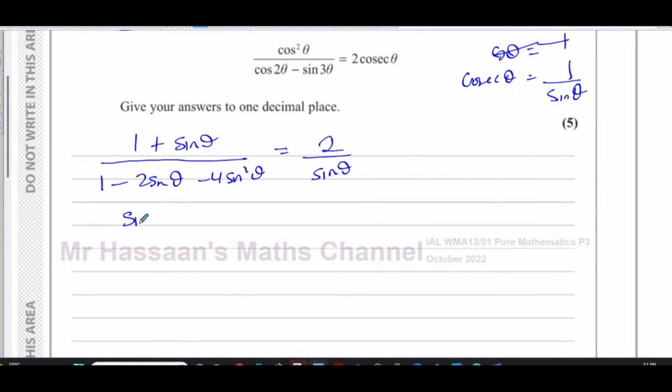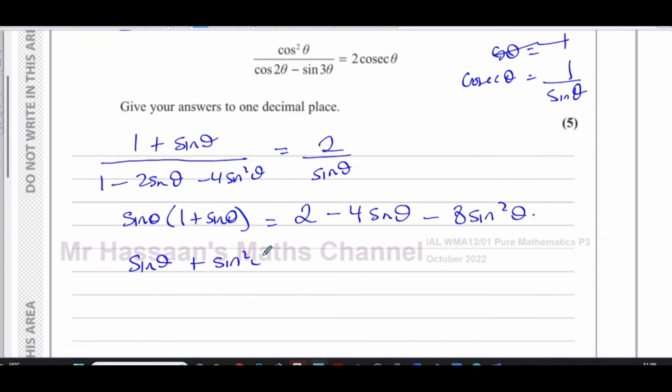So I have sine theta times 1 plus sine theta equals 2 times all of this. So I'll just expand that as 2 times minus 4 sine theta minus 8 sine squared theta, and here we have sine theta plus sine squared theta equals all of that.